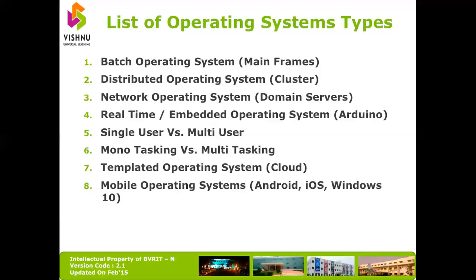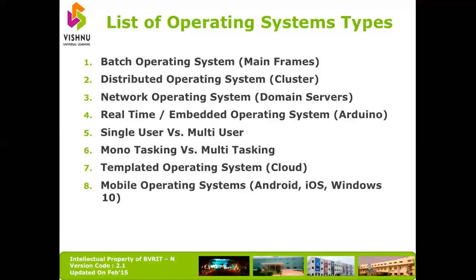The first one is the batch operating system. Now, what is a batch operating system? In a normal operating system, you can type a document and at the same point of time listen to music, or copy 2 different files from 2 different locations to your hard disk.